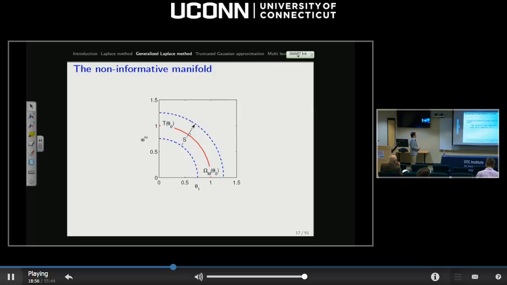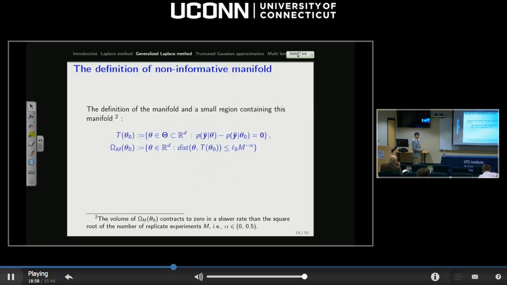And here are the definitions of the machinery. The manifold is defined as a set of theta which has this property: the likelihood of this theta equals the likelihood of the true parameter theta naught.